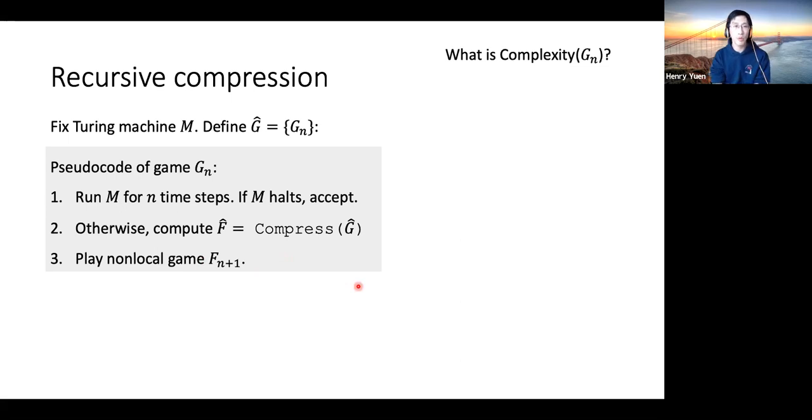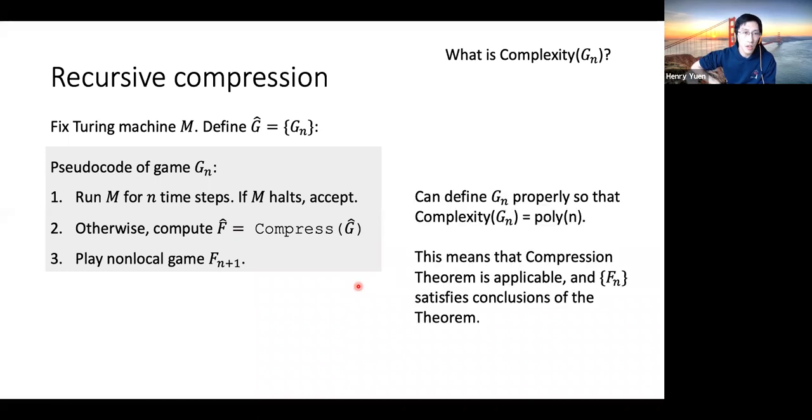So the first question we should ask is, what is the complexity of this game G sub n? We need to define it properly so that the complexity is poly of n. This is because we need the compression theorem to be applicable. This is a condition needed by the compression theorem, so that we can say something about what F hat does.